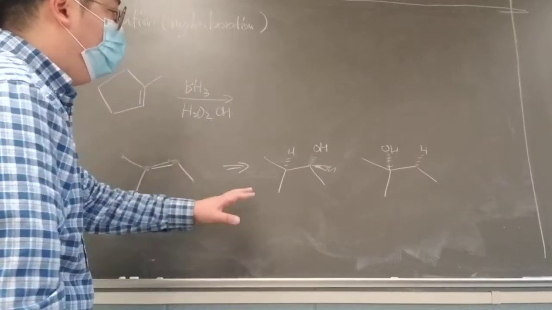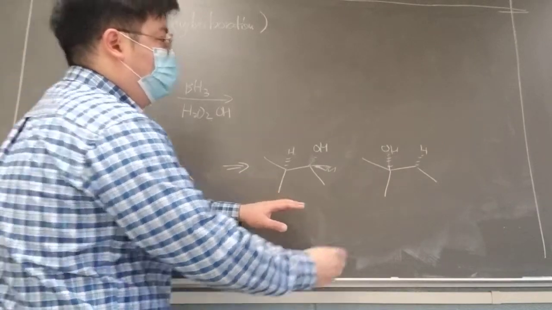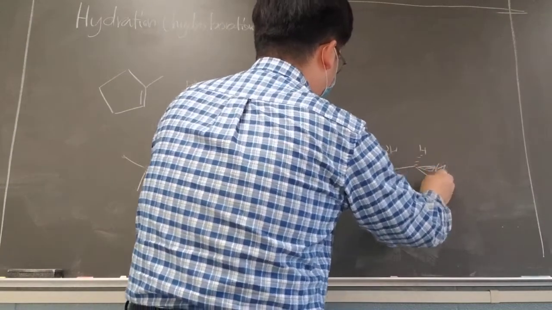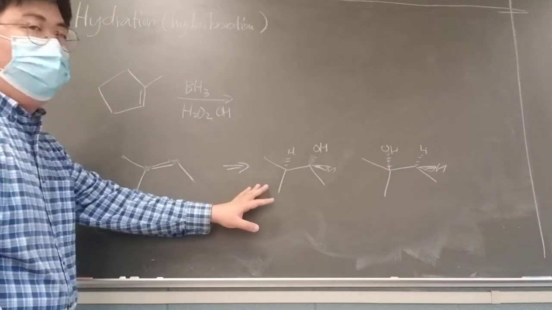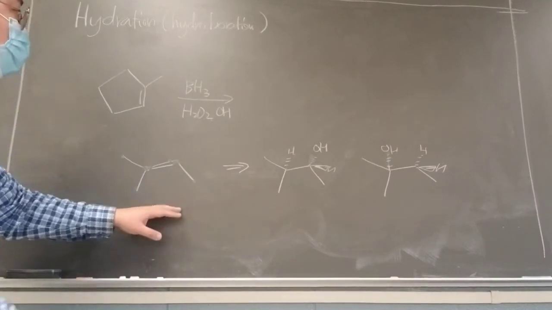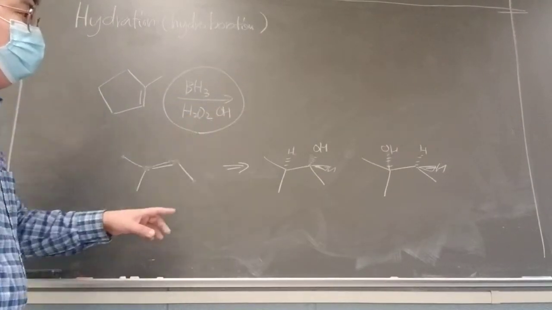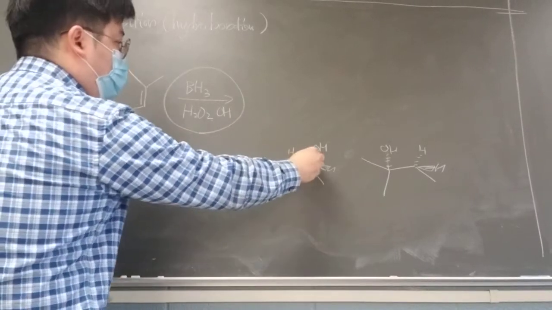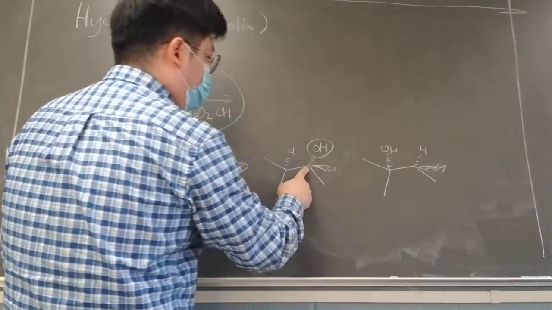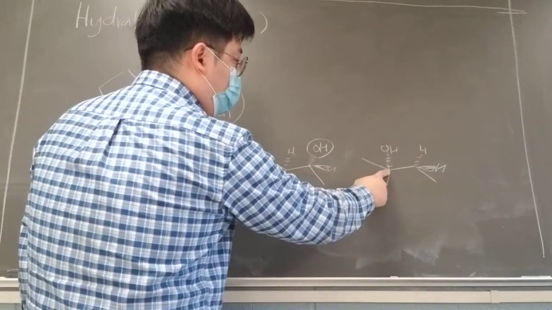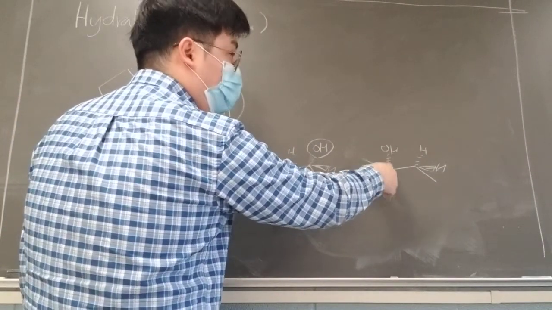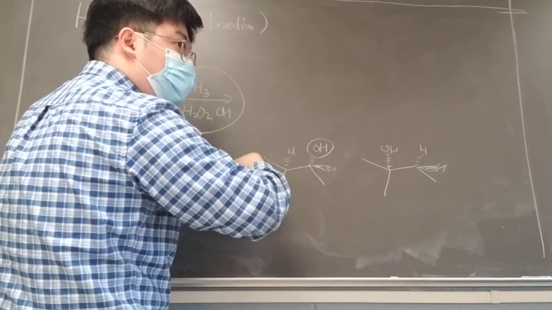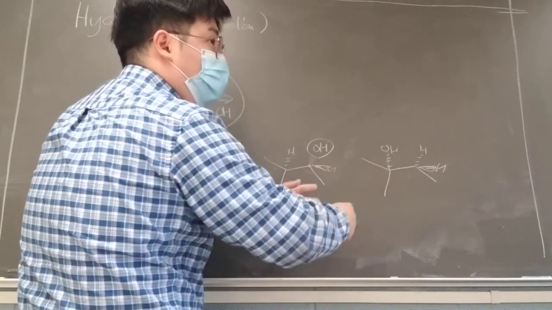Well, anyway. So if that is the case, which one do you think is the better product from this hydroboration here? It would be this one, because you're always going to find this hydrogen group on the less substituted carbon here. This is too bulky, so the borane in the first place couldn't come into this side.